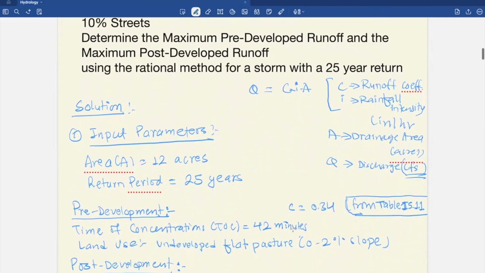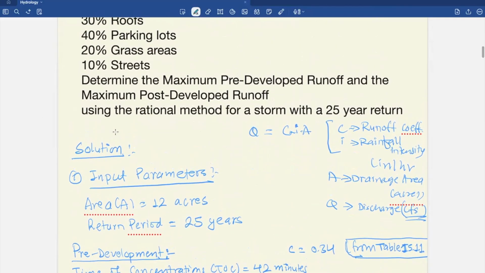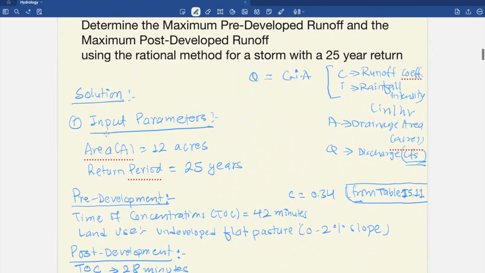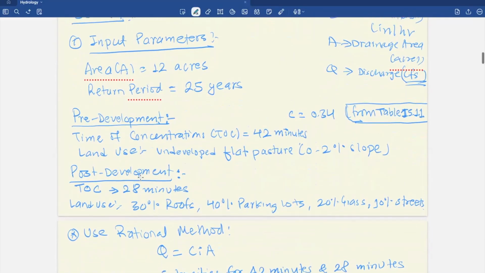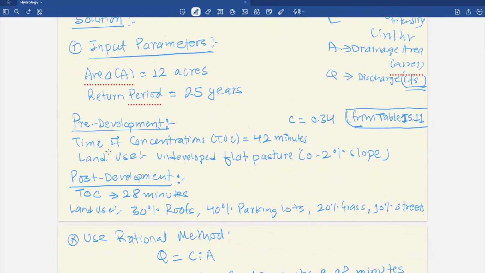So let's write the input parameters for the two cases, pre-development and post-development. Our main input parameters are an area of 12 acres and a return period of 25 years. For the undeveloped flat pasture with 0 to 2% slope, the runoff coefficient C will be equal to 0.34.